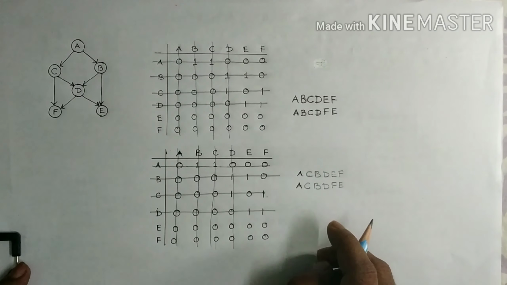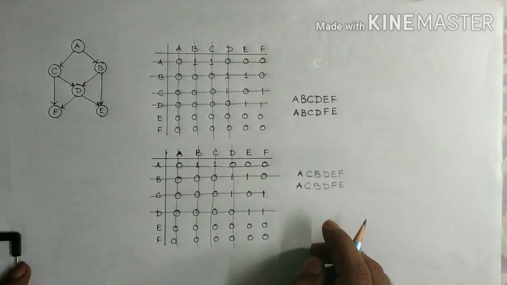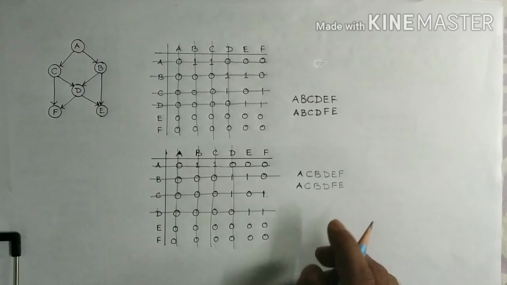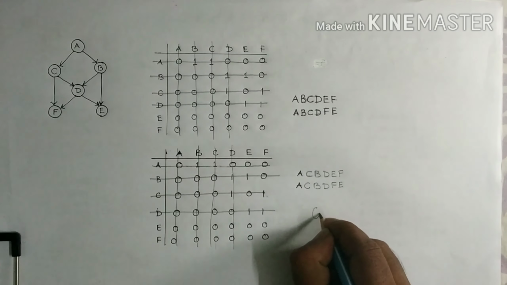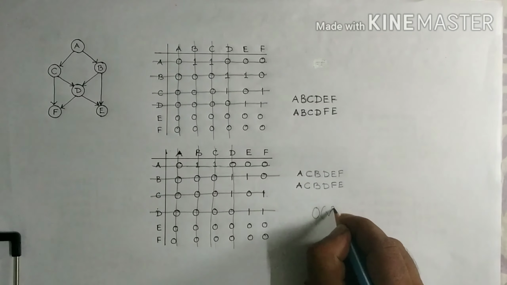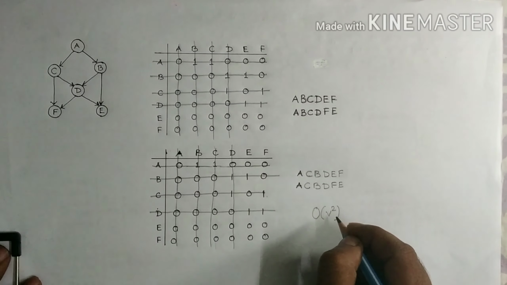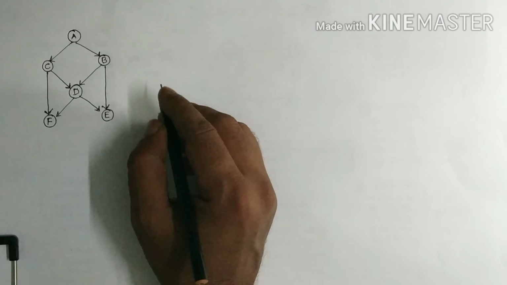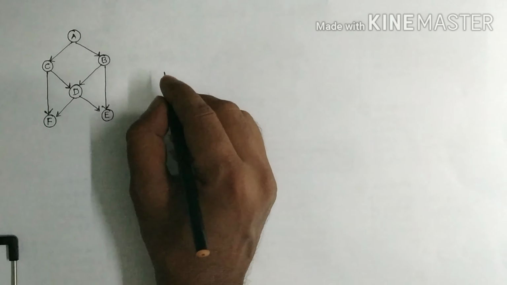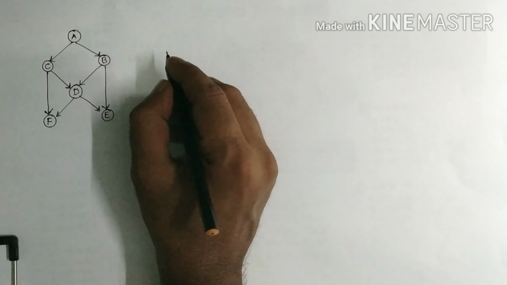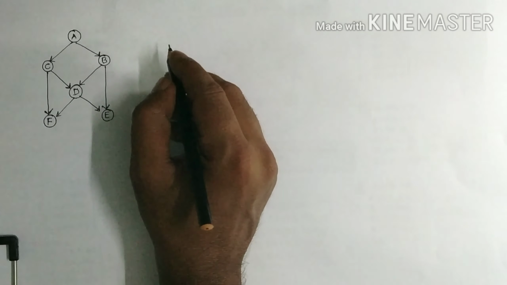But here, to construct the adjacency matrix, time complexity becomes order of V square. In the previous case, it was order of E plus V. Topological sort can also be implemented using depth first search, that is using DFS.